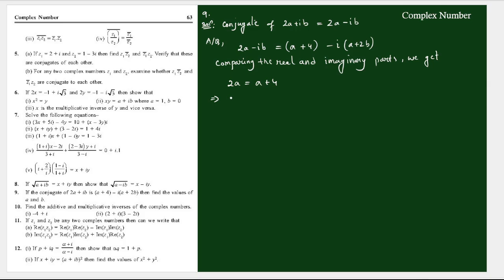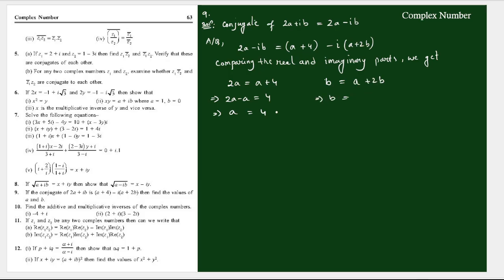So ये a इस तरफ ले जाओ, 2a minus a equal to 4. a is how much? 4. i will be how much? Minus b. a plus 2b होना चाहिए. So इस तरफ भी minus है, so b is equal to a plus 2b.